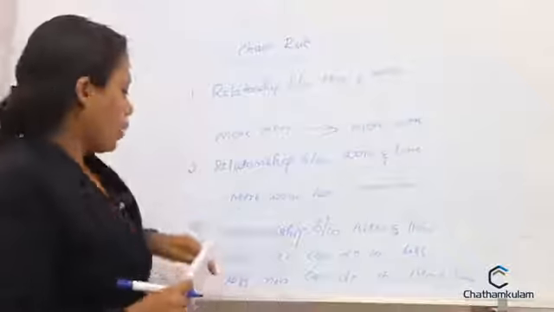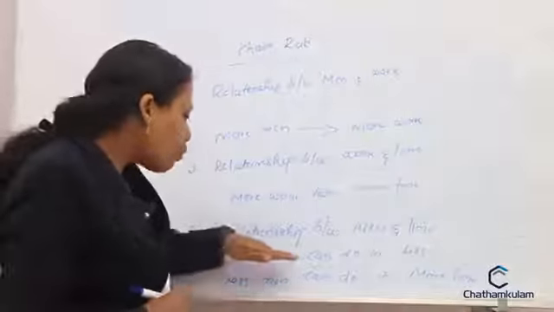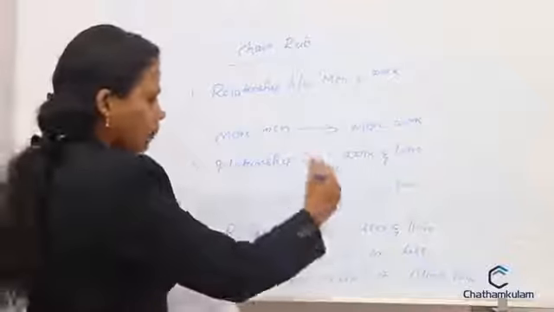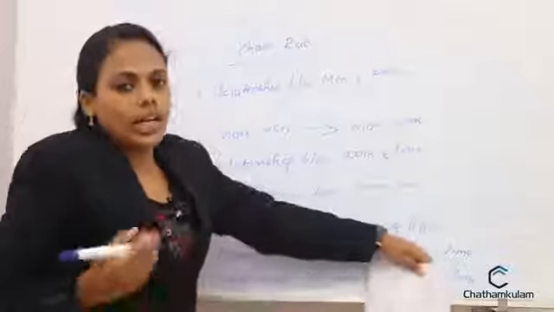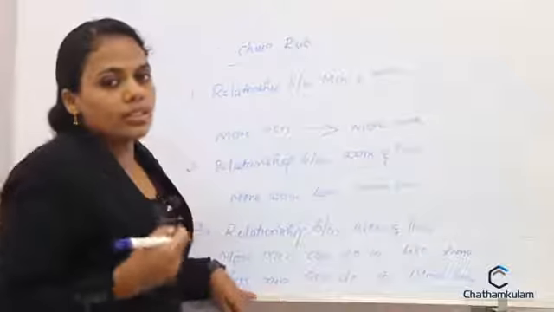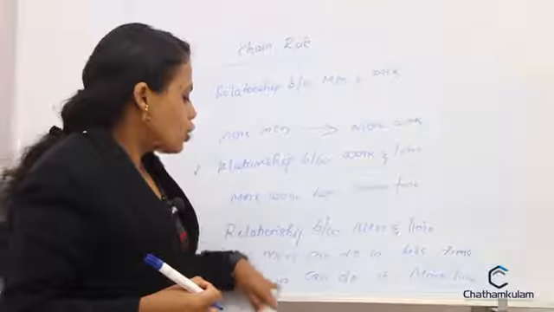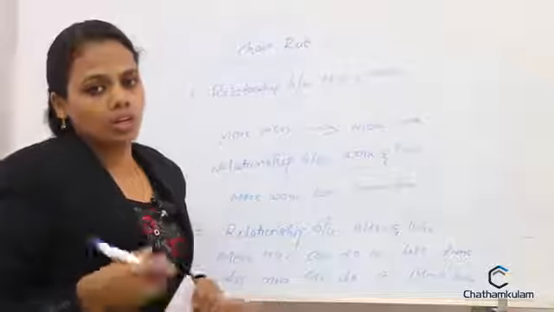So how is it working? In the relationship between men and time, more men can do it in less time. A number of people are there, so the time required is very little. But in the case of fewer men, that means the number of people, the number of employees is very small, so they can do it in more time. They need more time to complete that particular work.